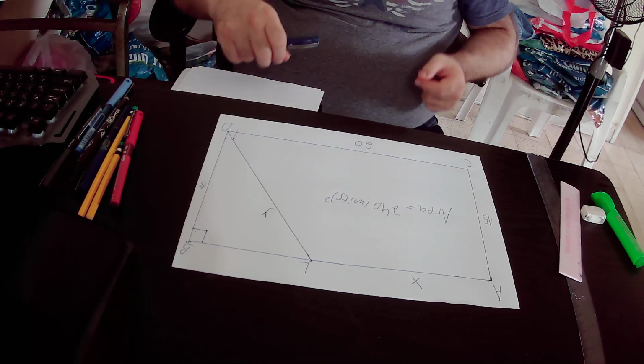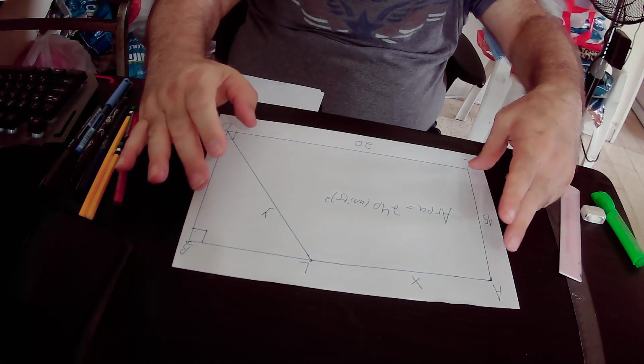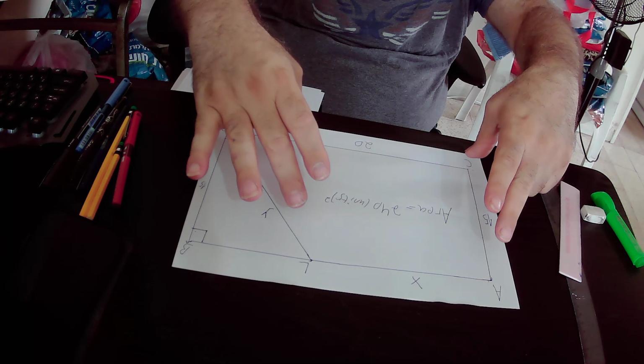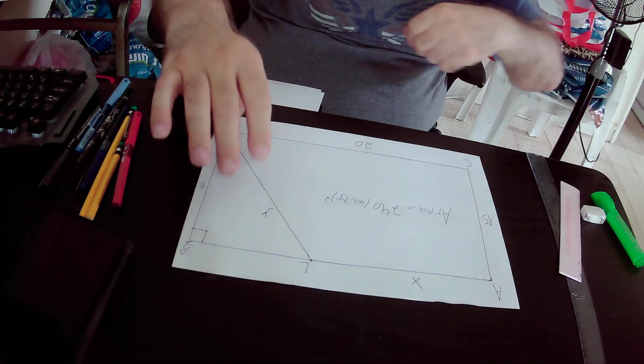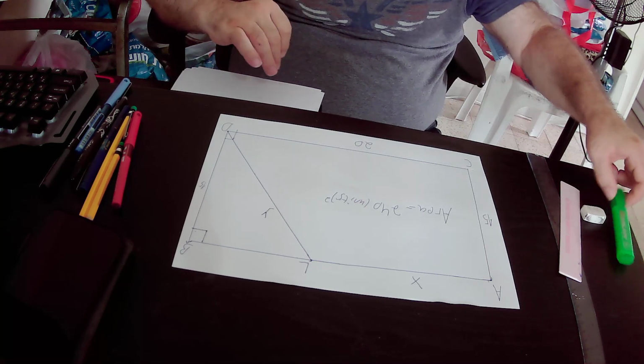And the area of the rectangle minus the area of this white shape will be equal to the area of the right green triangle.